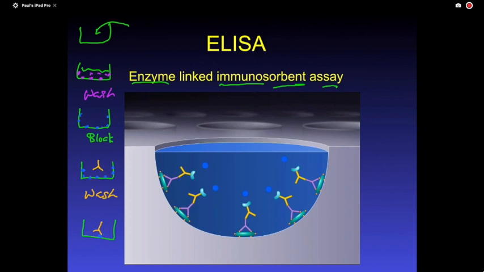The next thing that you do is you put in what's called a secondary antibody. Normally the secondary antibody is this: if you used an antibody made from rabbit, use an antibody that is anti-rabbit. It will bind to every rabbit antibody ever made. And you put it in, and you get a secondary antibody binding. But the secondary antibody is bound to an enzyme.